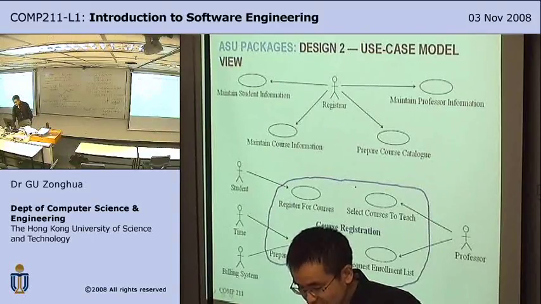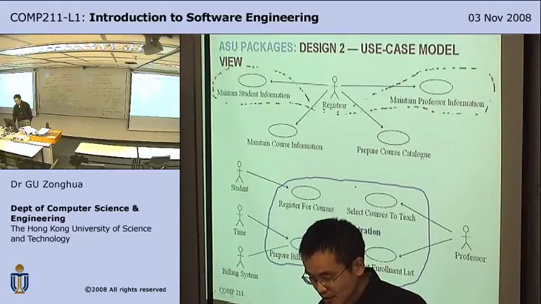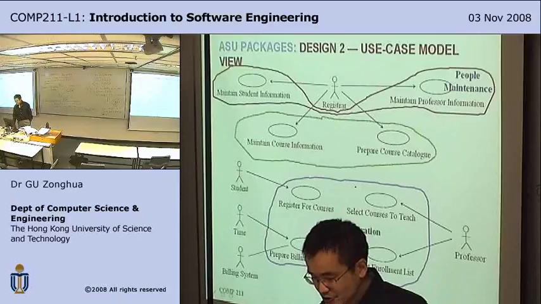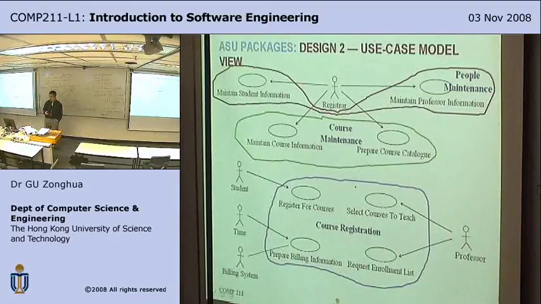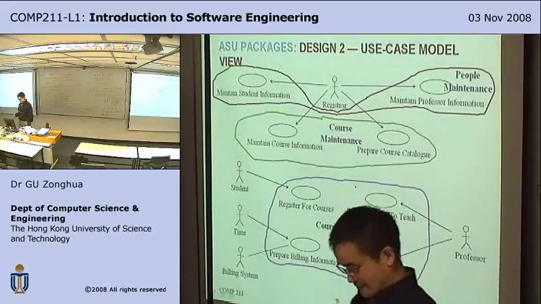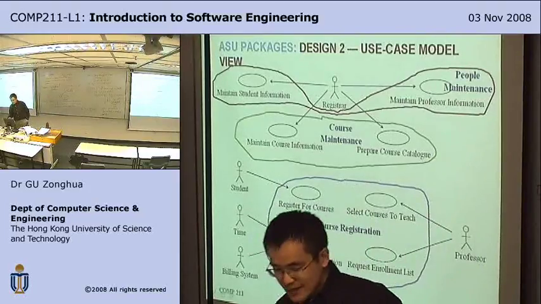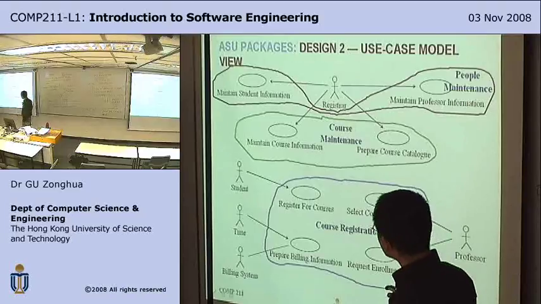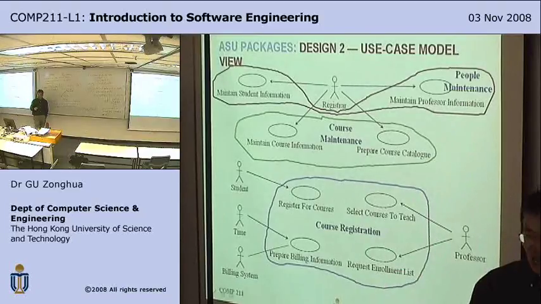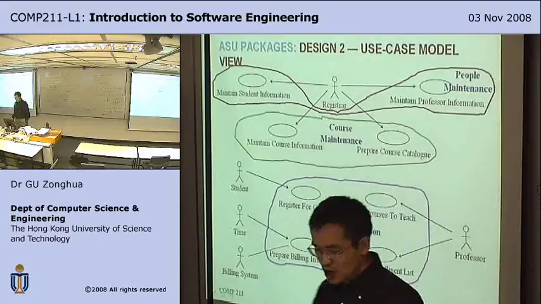So, design 2 of the packages is when you make a finer grained partitioning. So information maintenance is now developed into people maintenance of maintaining student and professor information, and course maintenance, that is all the course information and catalogs.